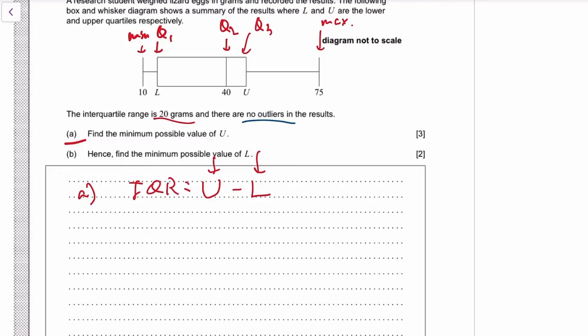So remember the meaning of outlier. If a data point is even bigger than Q3, which is the upper quartile, plus 1.5 times the interquartile range, then that's an outlier. Or if a data point is less than Q1 minus 1.5 times the interquartile range, then that's also an outlier.